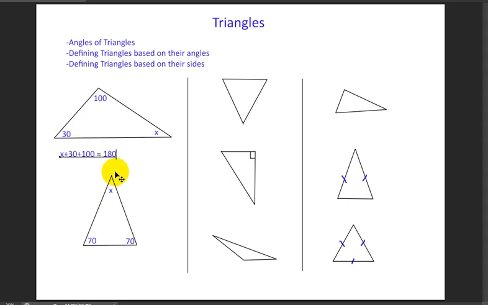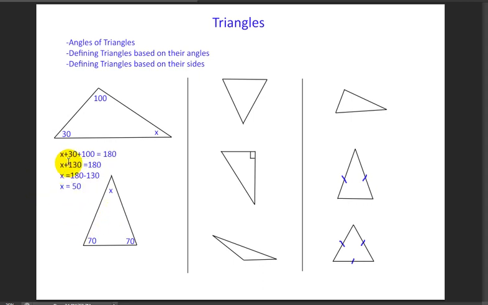This is an equation that I can solve quite easily: x plus 130 needs to equal 180. Now I'm going to subtract 130 from both sides, so that's going to leave me with x being equal to 180 minus 130. Therefore, x is equal to 50.